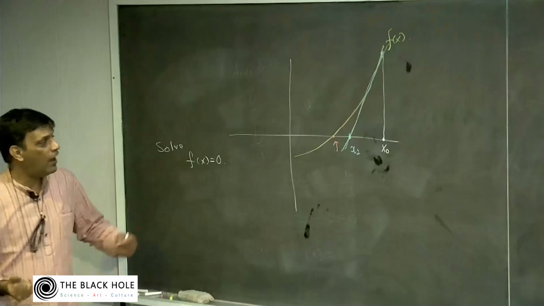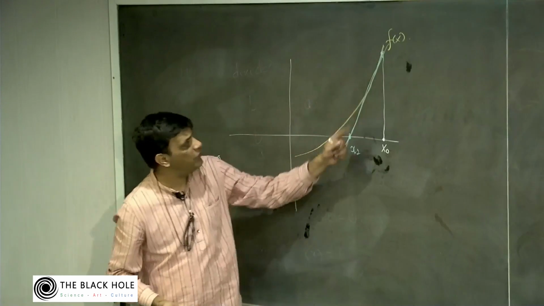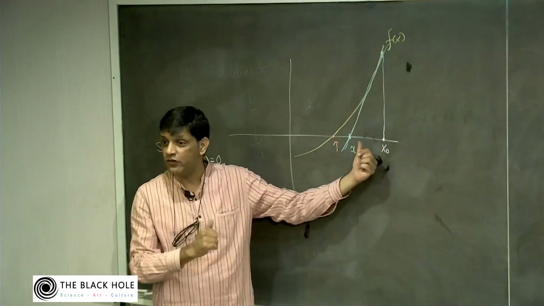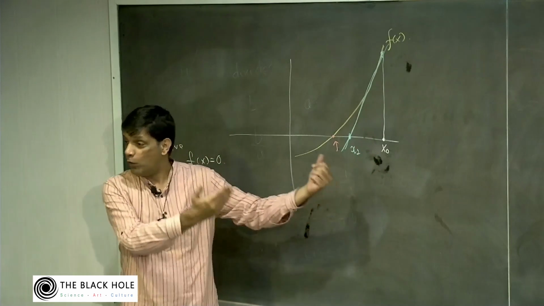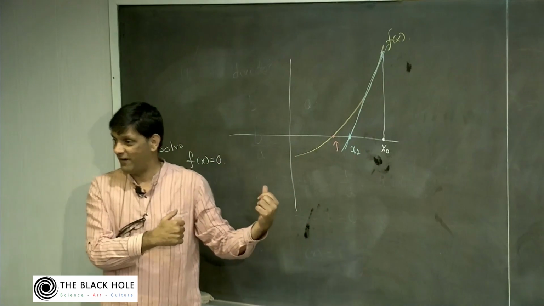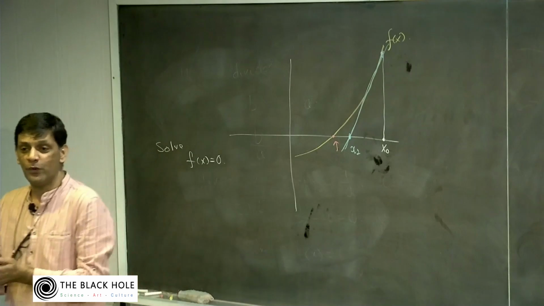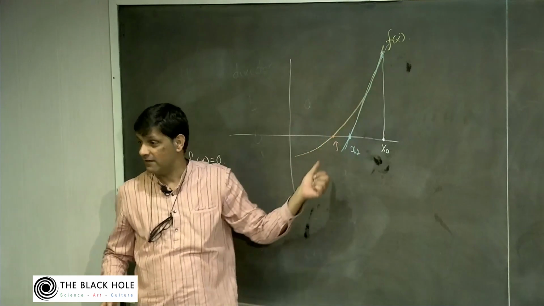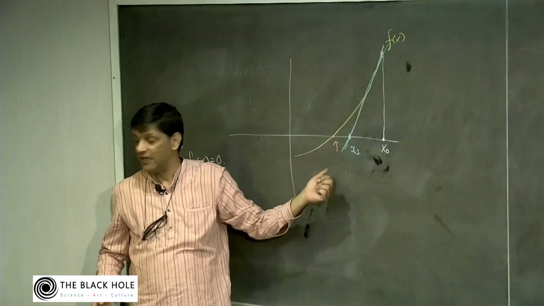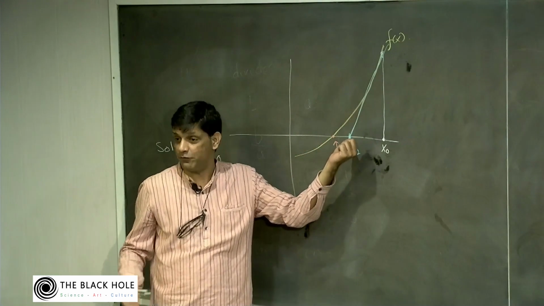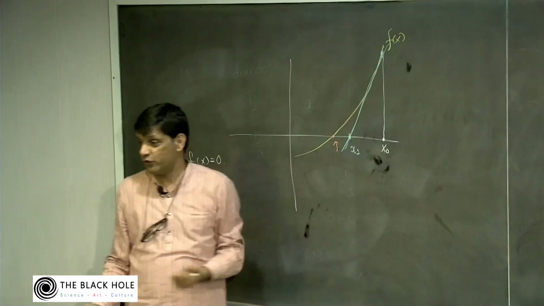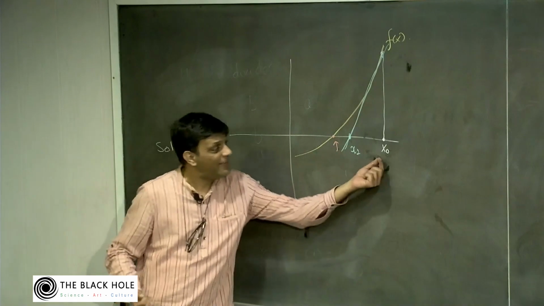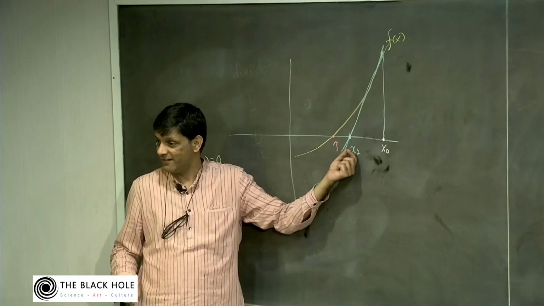Okay, so somehow this tangent guided you in the right direction, not only in what direction to go, but by how much to go. All right? Another way of viewing this thing is that you pretended that the function was linear. So if the function would have been linear, it would have really gotten you to the right point. So you started with a guess and you have somehow improved it, right?